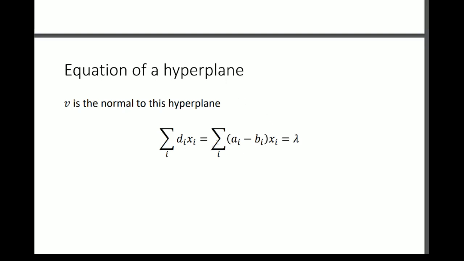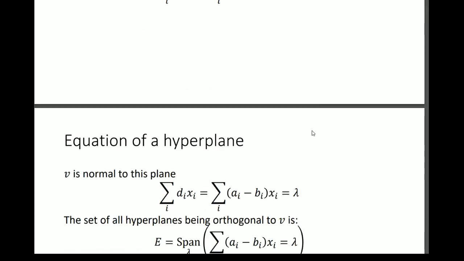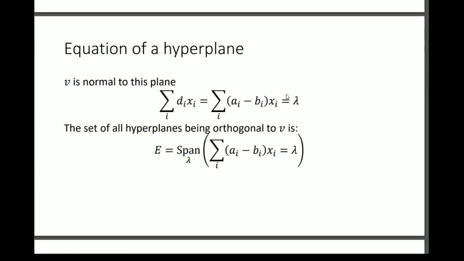So we get a sum of ai minus bi, so the components of v, times xi, that is equal to lambda. So now we know this equation. So the set of all hyperplanes with normal v is the span over lambda of this equation.